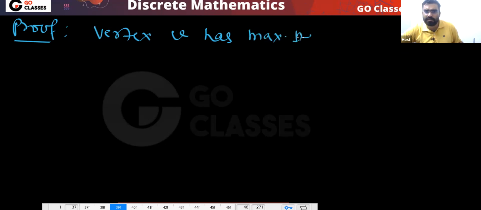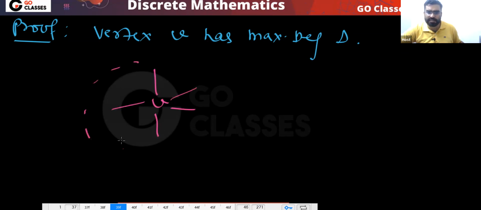Let's assume vertex V has maximum degree, and that is your delta. Then this vertex V has delta edges. There can be other vertices and other edges.